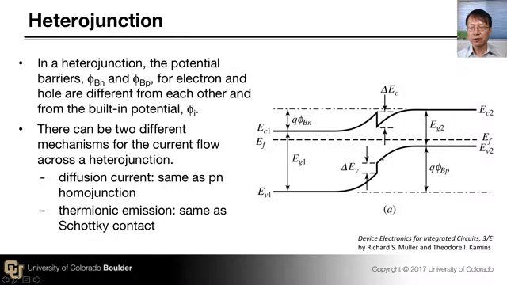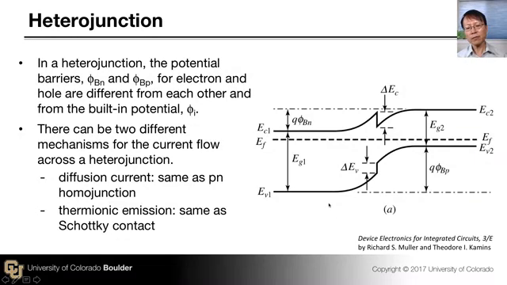So the actual barrier height for electron is given by q phi Bn here, which is the total band bending minus this conduction band offset. And the valence band offset, delta EV, also modifies the total band bending and determines this actual energy barrier required for holes to overcome to come to the other side.